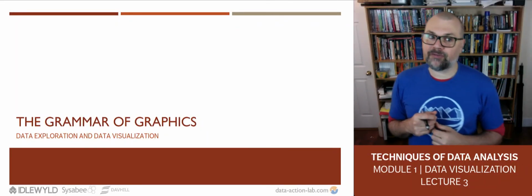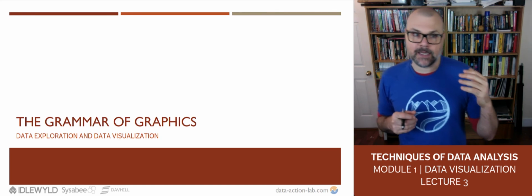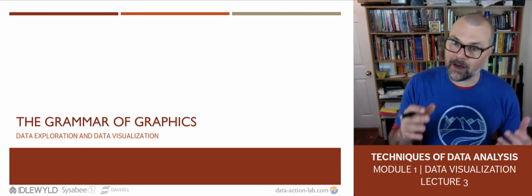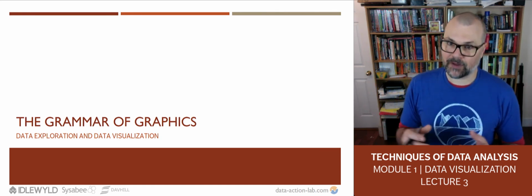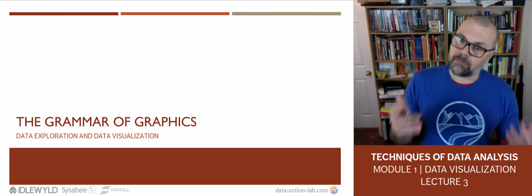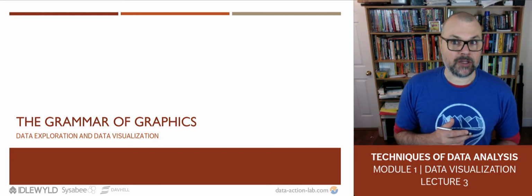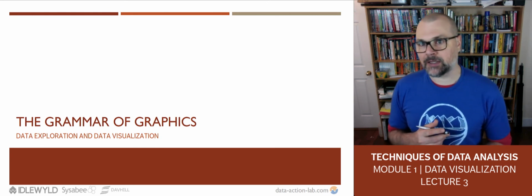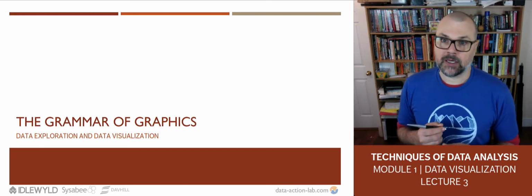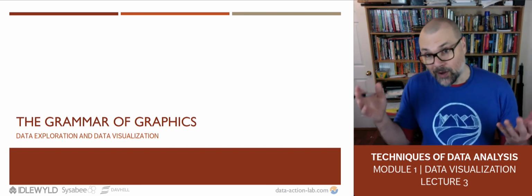The grammar of graphics is an idea about how to layer your graphics so that you can better convey information to the end user. It's called the grammar of graphics because, just like the grammar of language, it's necessary to write well to be understood.